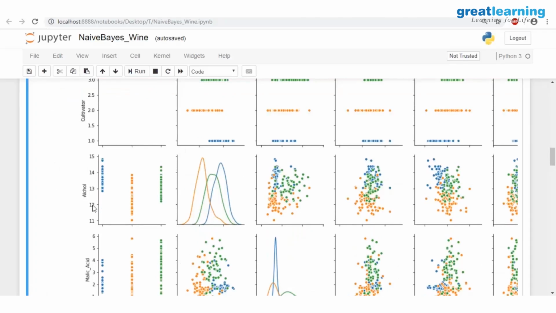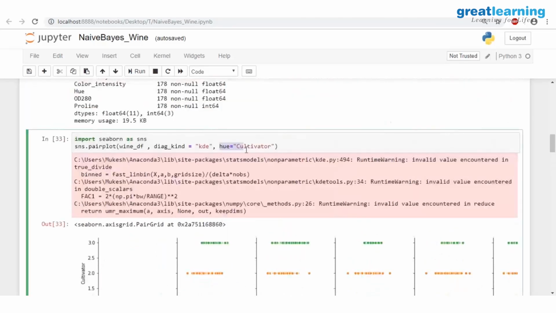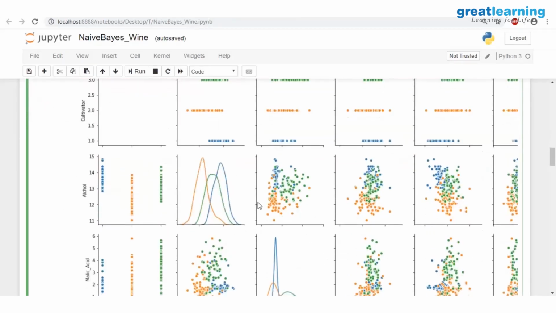The next column is the alcohol. Look at the diagonals. This is alcohol versus alcohol, so it makes no sense to give you a scatter plot here. Instead, they have given you a density distribution on the alcohol dimension. Since we have used this hue color, which means give me separate colors for separate classes, it's showing you the 3 classes.